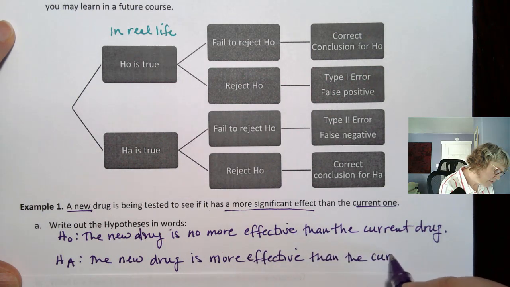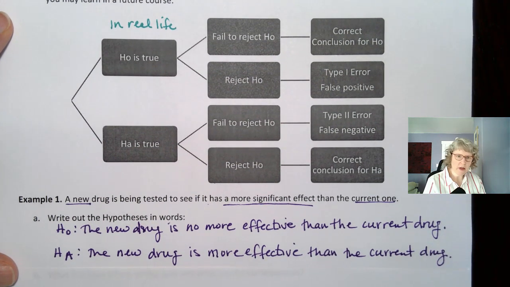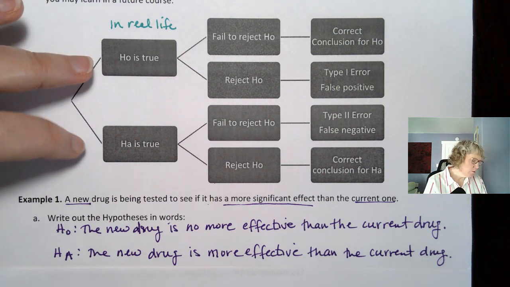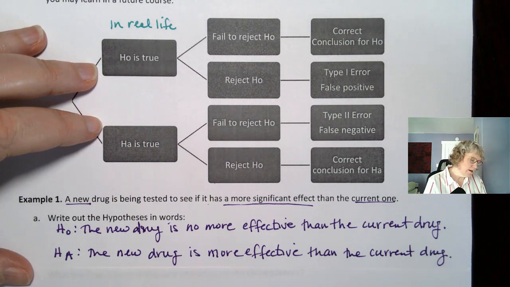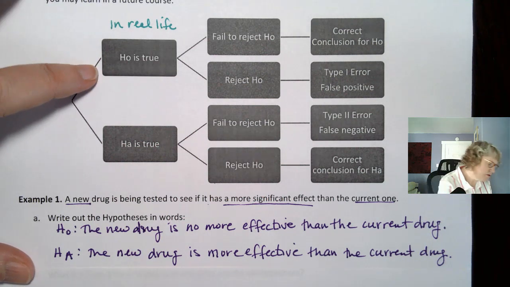Than the current drug. Okay, and then this is where you can also use the diagram if it's helpful for you. I'm going to go ahead and write this on the diagram and say that if the null is actually true, then I'm going to say the current drug is better.